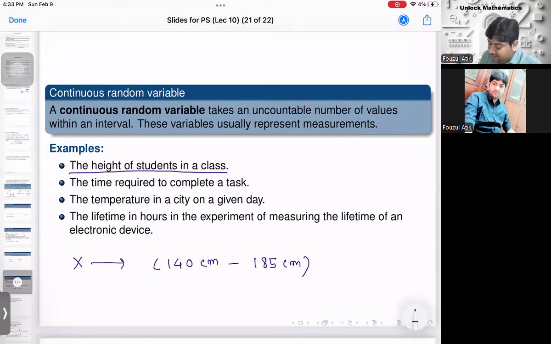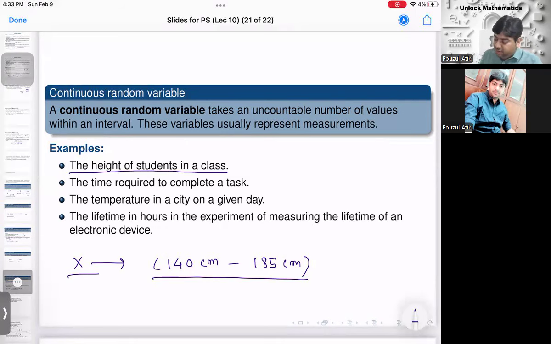This x can take any value between them, like 140.01, 140.005, 146.753423. Any value it can take. So it is continuous, and x can take an uncountable number of values. So x is a continuous random variable in this case.